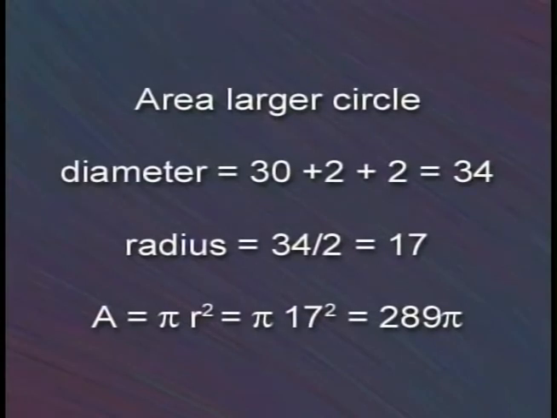Let's be careful. The walkway extends 2 feet on either side of the smaller circle. So the diameter of the larger circle is 30 feet plus 2 feet plus 2 feet, or 34 feet. The radius, therefore, is 17 feet. The area of the larger circle is pi times 17 squared, or 289 pi.